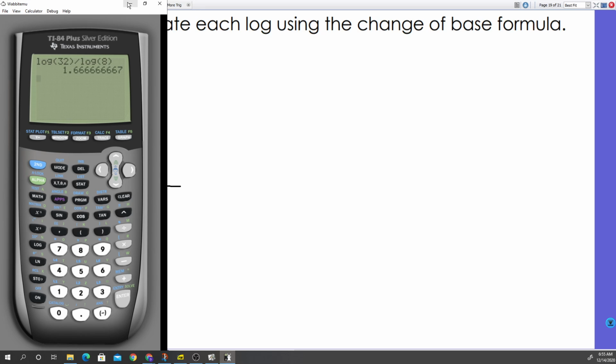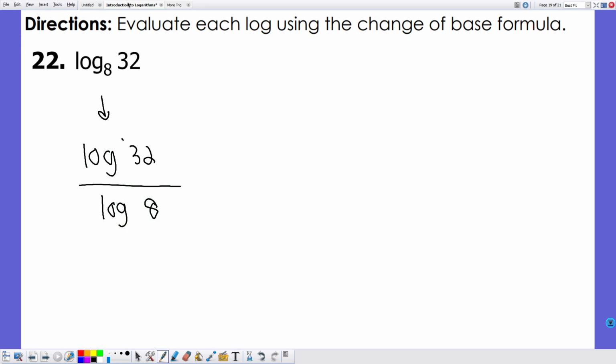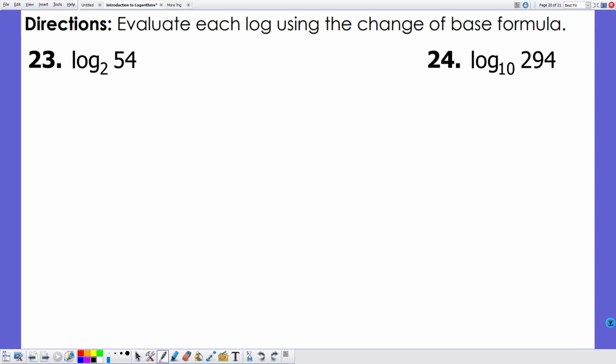We get 1.66666 repeating. It's really that simple, and it really helps us just find some nasty values.